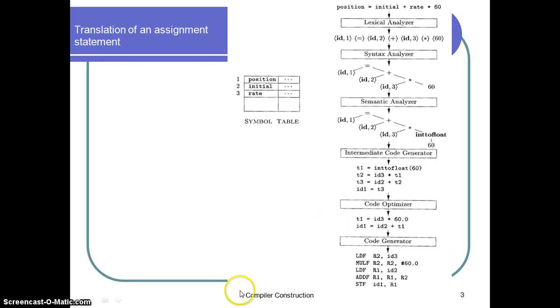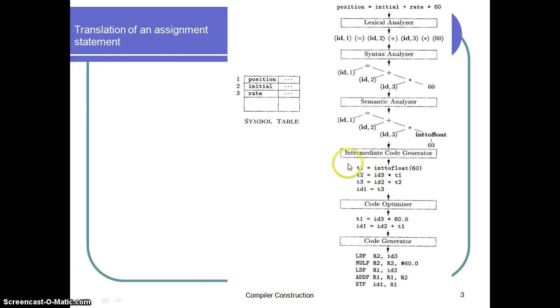That means it will take the temporary variable t1, which is inttofloat of 60, where t2 is id3 * t1, t1 holding the value 60, and another temporary variable t3 is equal to id2 + t2, where id2 is nothing but initial.